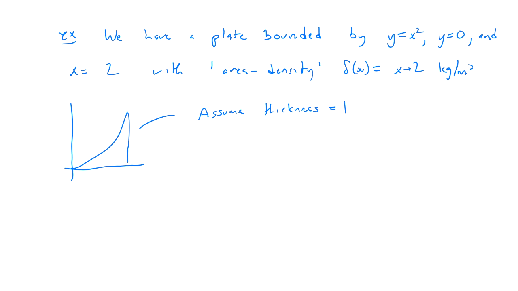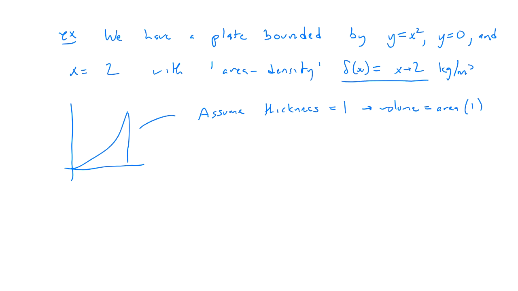So we'll assume it's a plate of 1 unit thickness. So in this case, 1 meter. That way, area is basically volume. And since our density only depends on x, we're going to be able to do this.